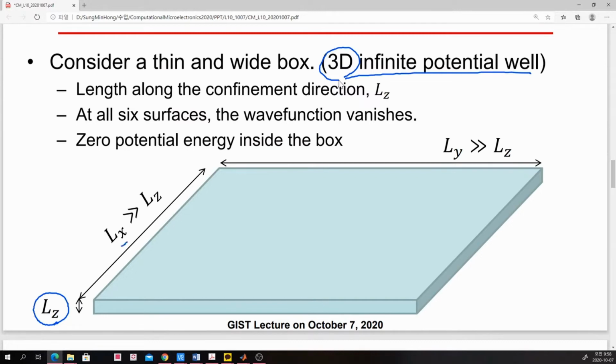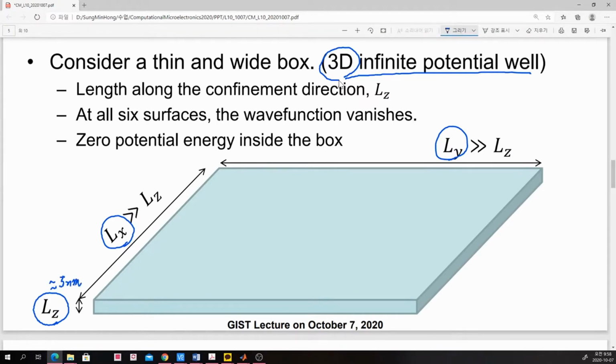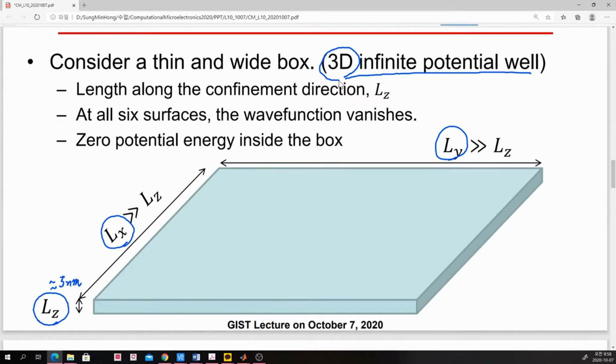So our Lx and Ly are both much larger than Lz. A typical number we assume in this case is 5 nanometers for Lz, the thickness of our assumed silicon body.